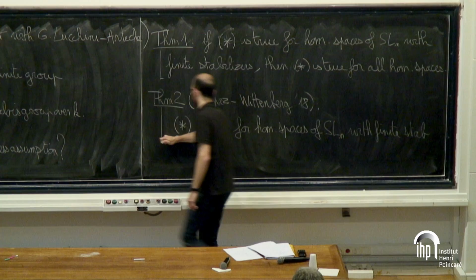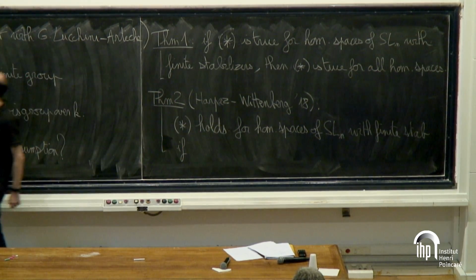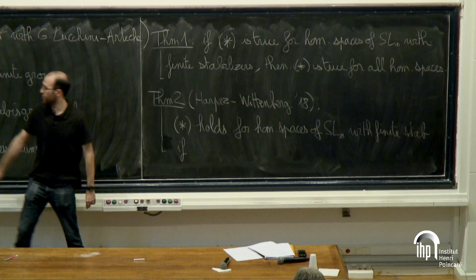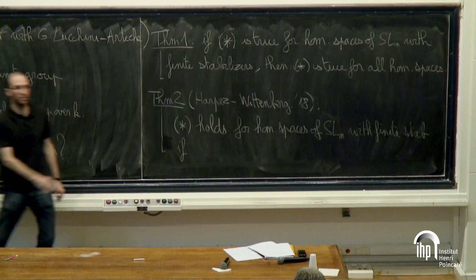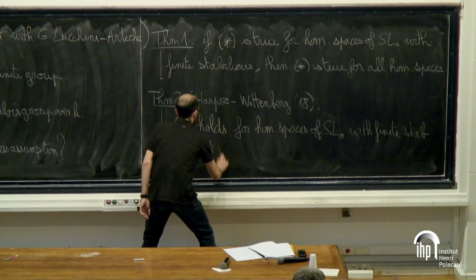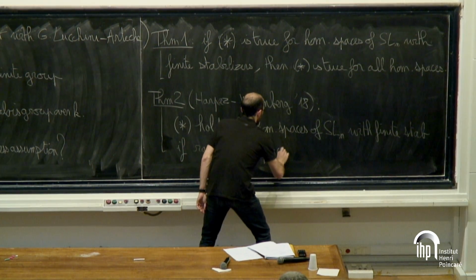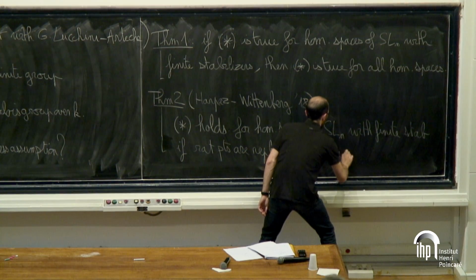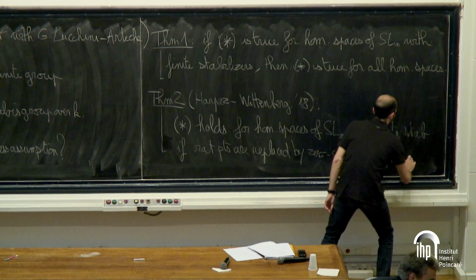if you replace here and here rational points by 0 cycles of degree 1.